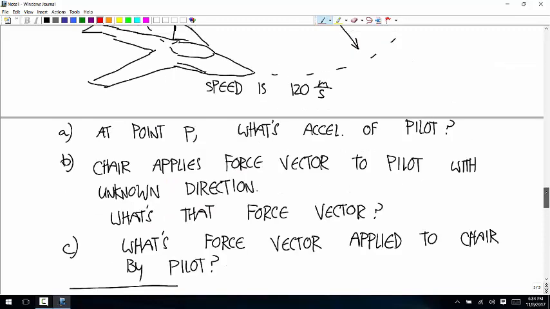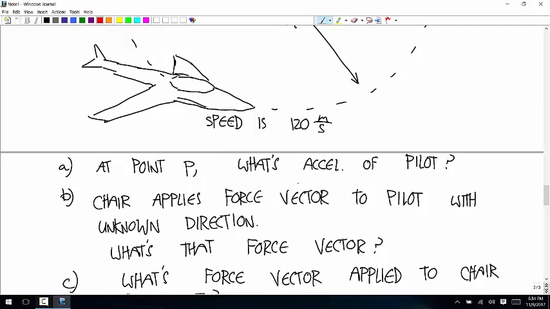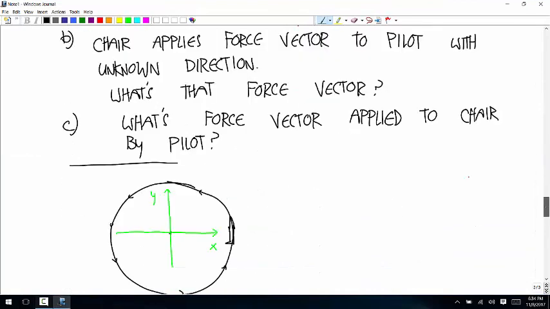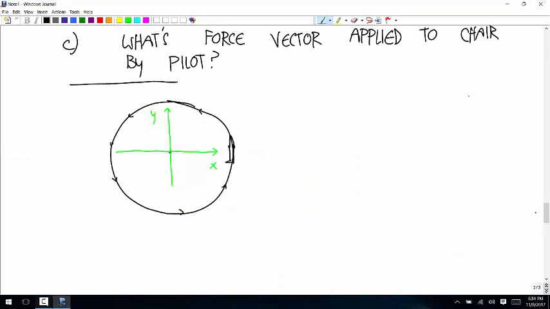Oh, and I didn't say this really explicitly, but the idea here is that it's a constant speed of 120 meters per second. So that'll come up in a second. All right, so this is the direction of the centripetal acceleration vector.